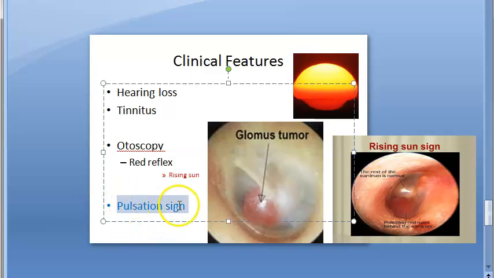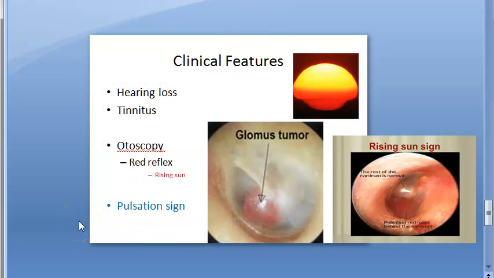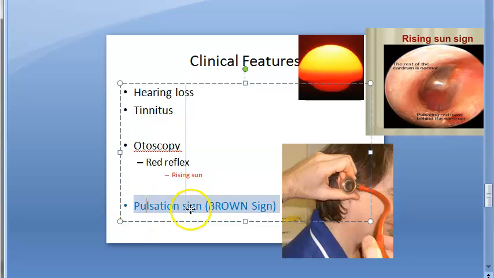Then there is one more sign here called the pulsation sign. Very important to know this. It's also called Brown sign. So basically this is positive when you're using Siegel's speculum and raising the ear canal pressure.